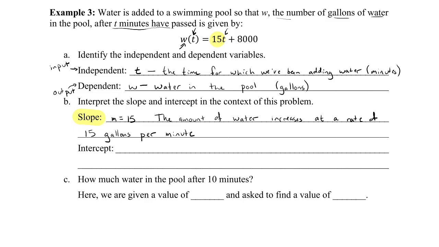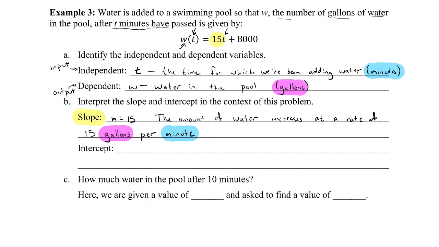So the two units we just used were the output units per the input units. That means we add 15 gallons every time 1 minute passes. The amount of water increases at a rate of 15 gallons per minute. What about the intercept?